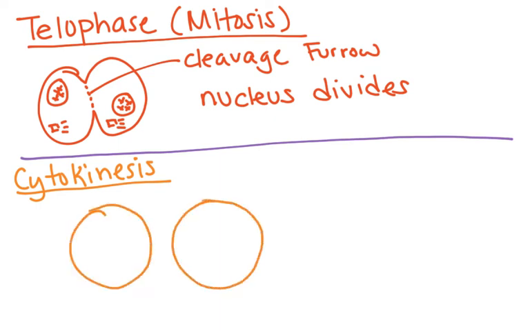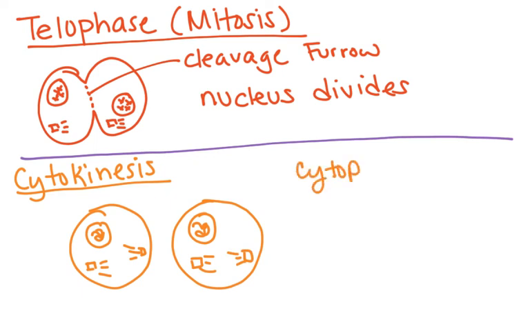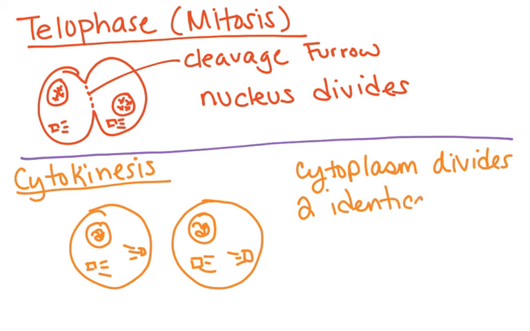So now we're going to have two. The chromosomes are going to turn back into noodles. We have our centrioles and all that good stuff. And what you have is that the cytoplasm divides. And you get two identical daughter cells. And that is the cell cycle.